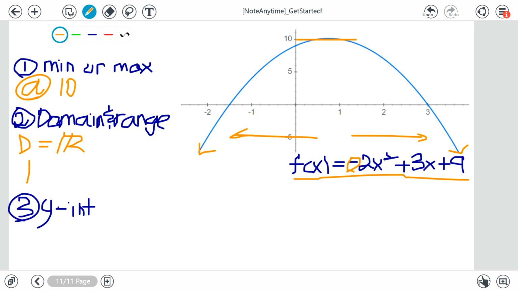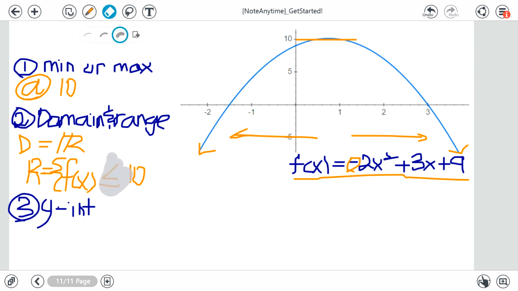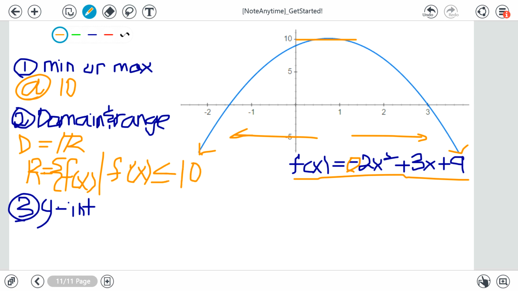Now your range, this time I'll also write it in two different ways. I'm going to say your function is such that, that little line means such that, it is less than or equal to 10.